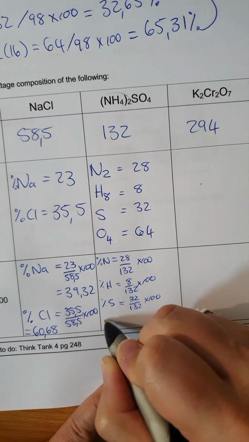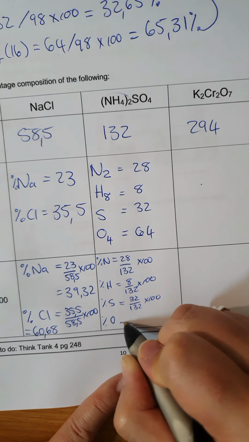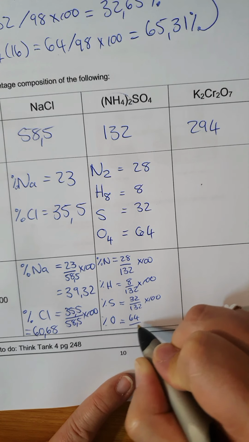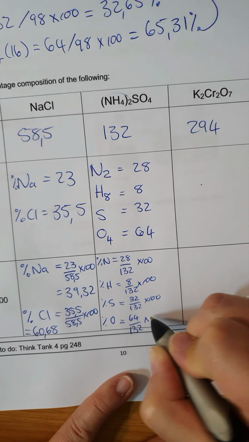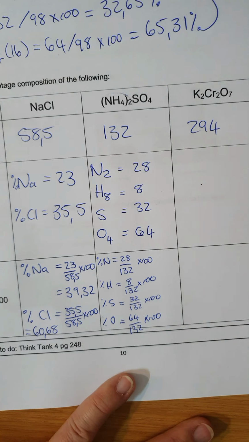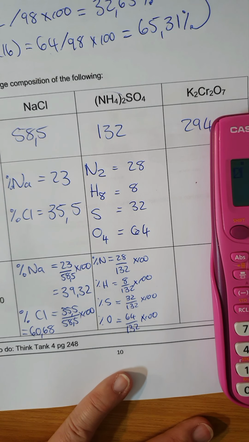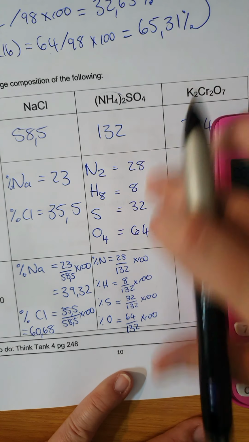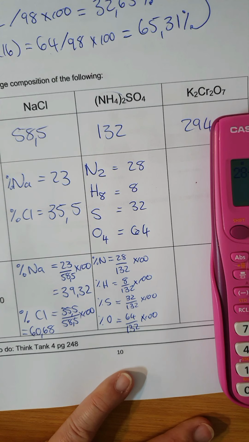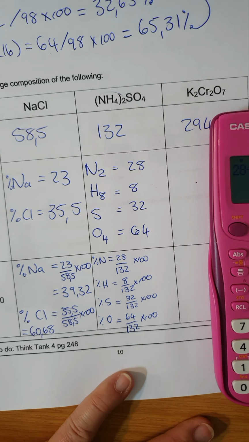It's nice to set it out like this so that I can see exactly what you're doing, in a logical order, so that you follow all your steps. Just bear in mind that sometimes people stop over here and forget to actually work out the percentage. I've seen that before. Times 100.